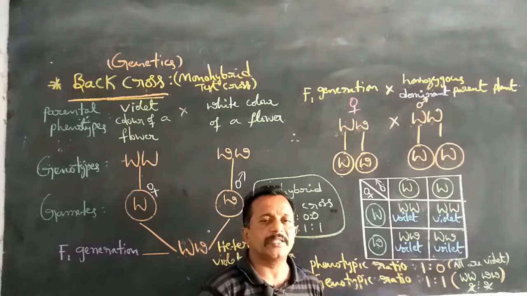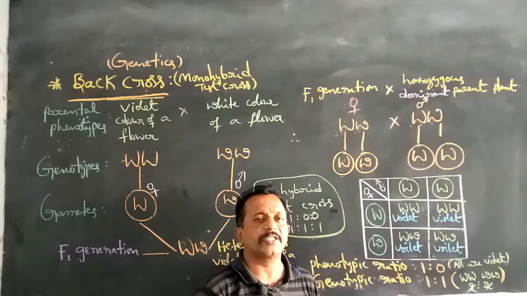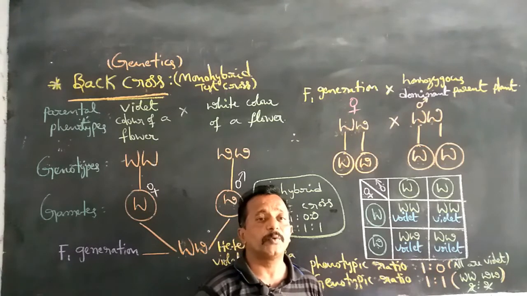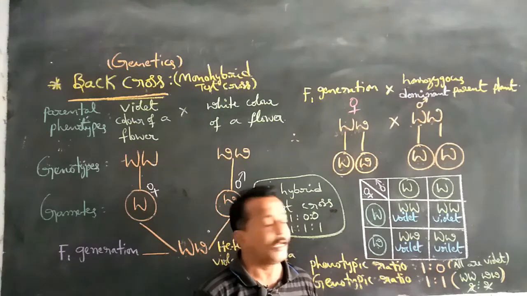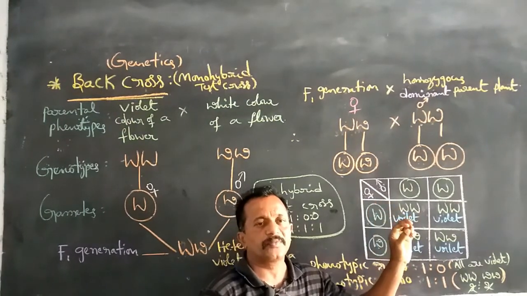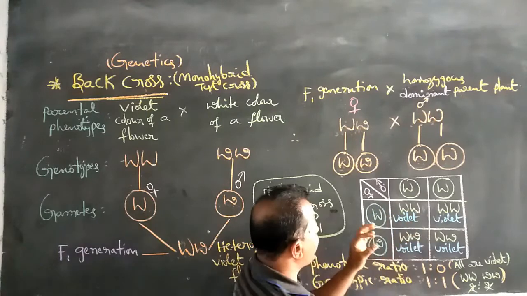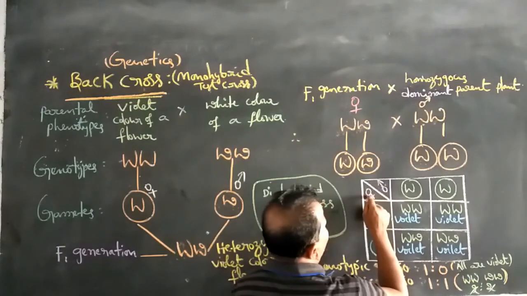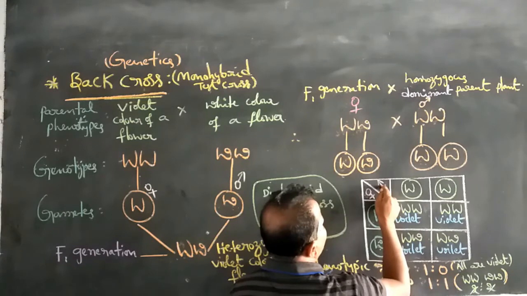This second filial generation is clearly understood with the help of the Punnett square board. In this Punnett square, the male gametes are taken on the right side and the female gametes on the left side.